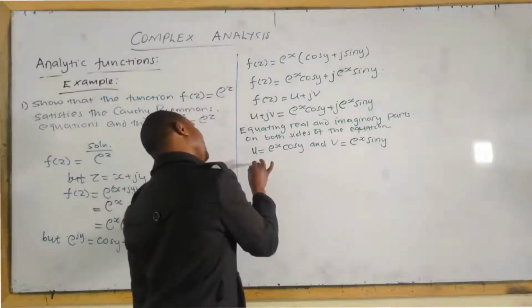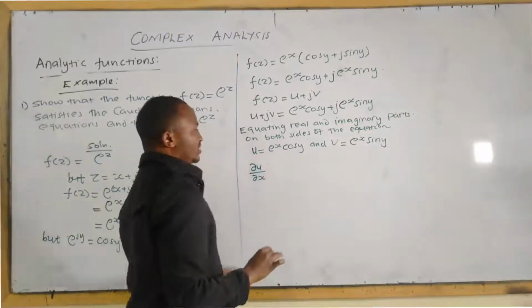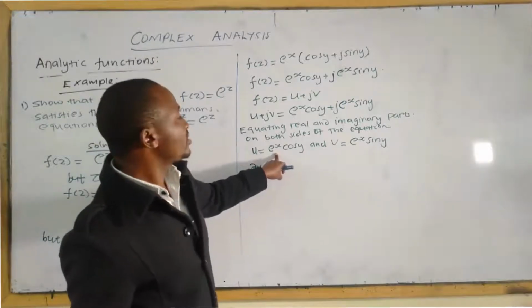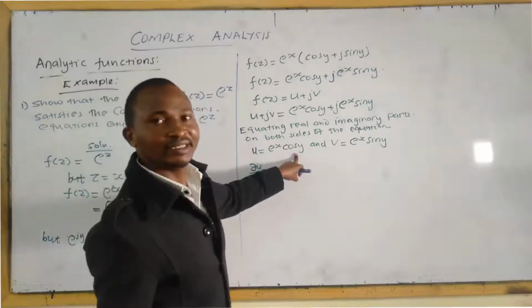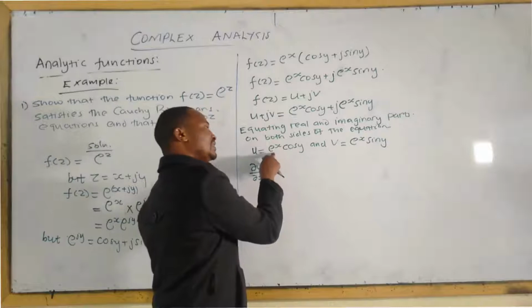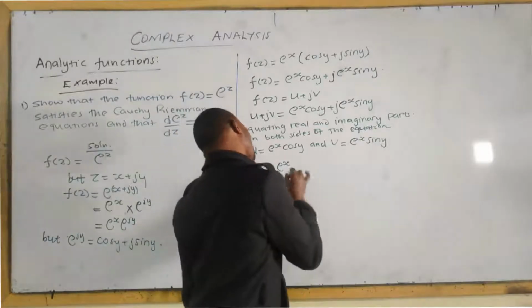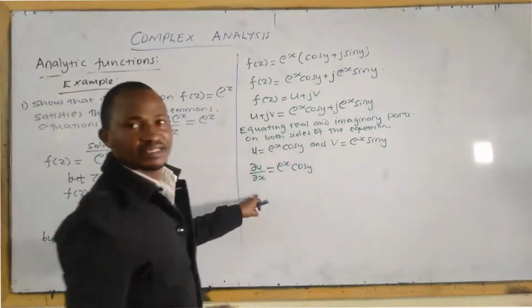We get the partial derivative of u with respect to x. Differentiate this with respect to x. So in this case, you treat y as a constant, and differentiate the part that has x. Differentiating exponential x still remains exponential x times the constant cos y. Cos y is a constant in this case.